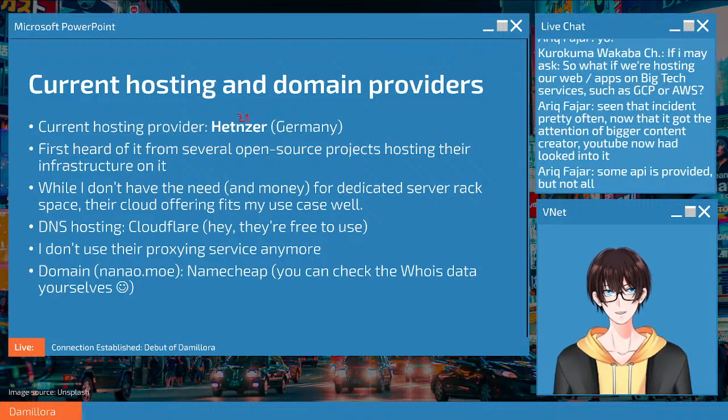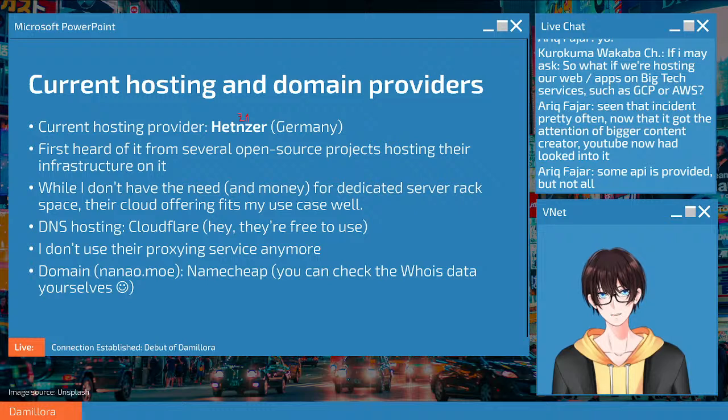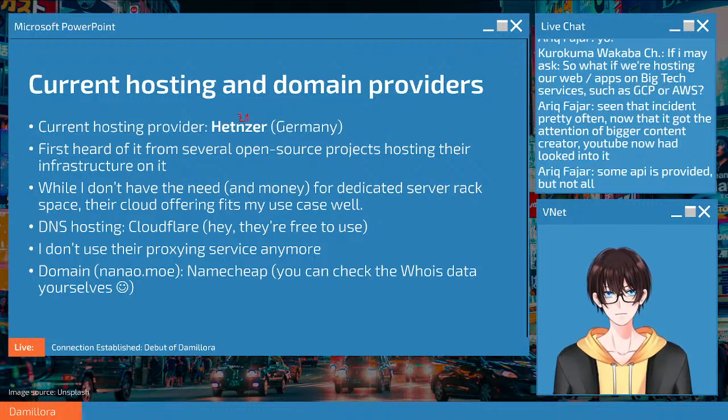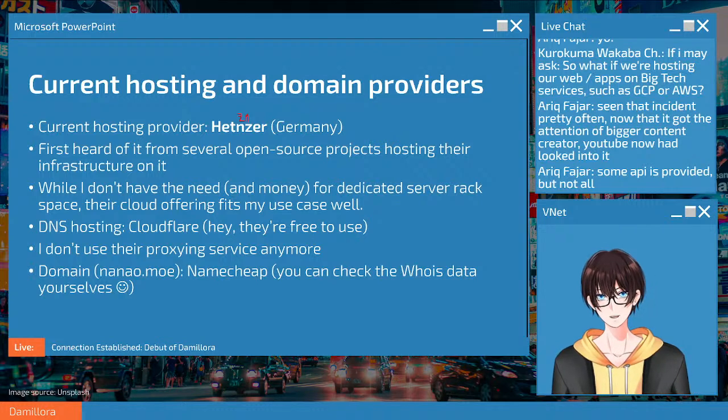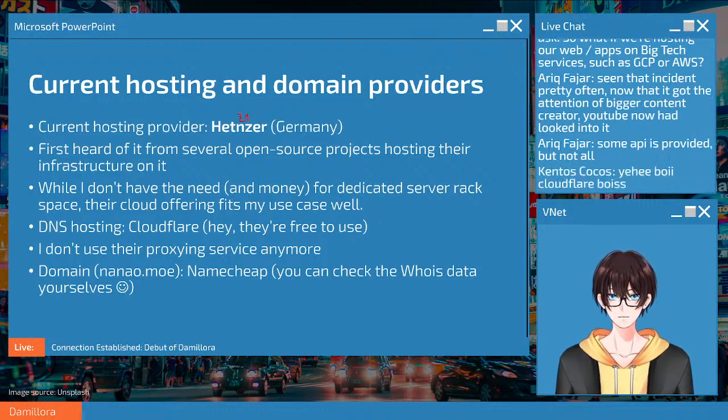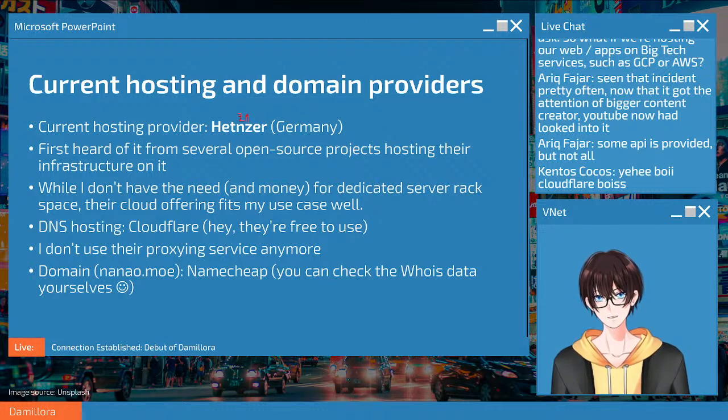I first heard of this company from several open source projects that use Hetzner to host their infrastructure. They also provide dedicated servers, so you rent actual servers.